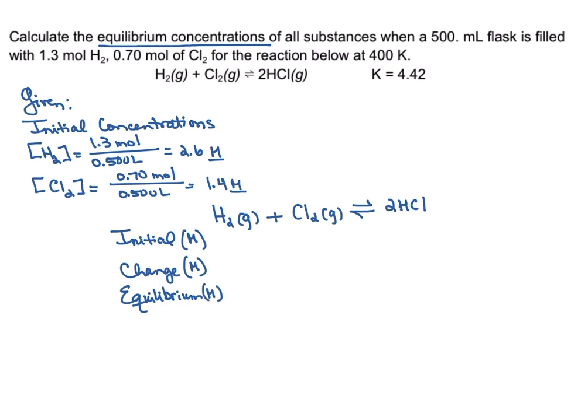So initially, I have 2.6 molar of H2 and 1.4 molar of Cl2. And initially, I'm going to assume I have no product.